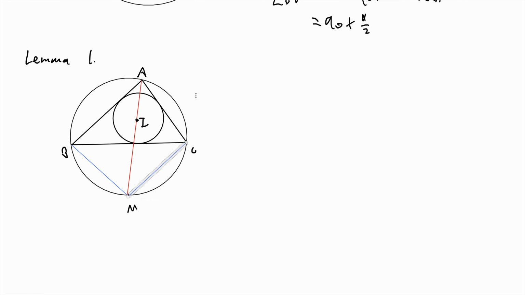Okay, so let's call this angle dot dot. Then obviously this angle is also dot and that angle is also dot.